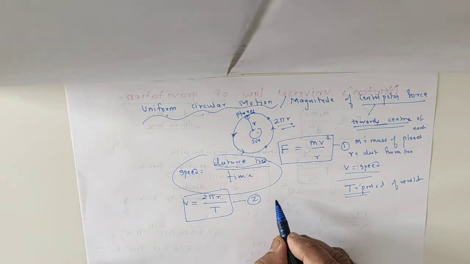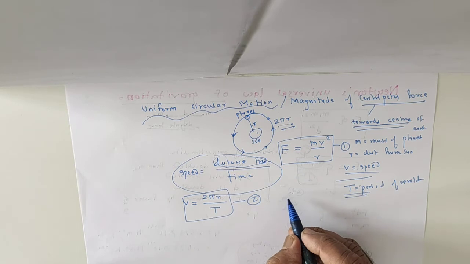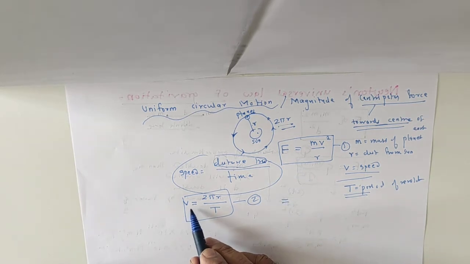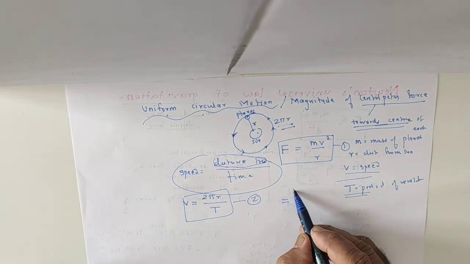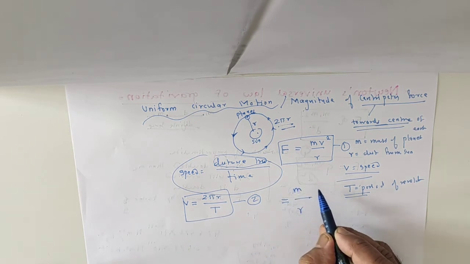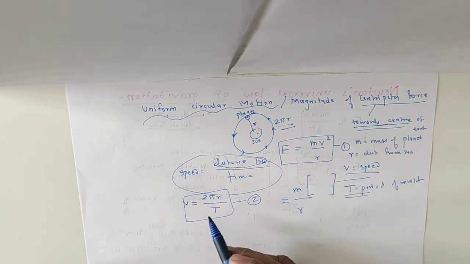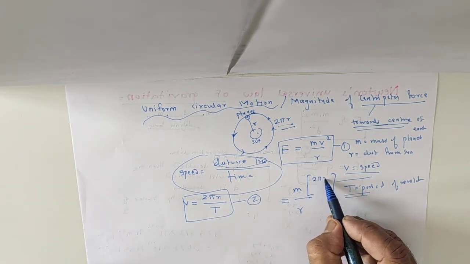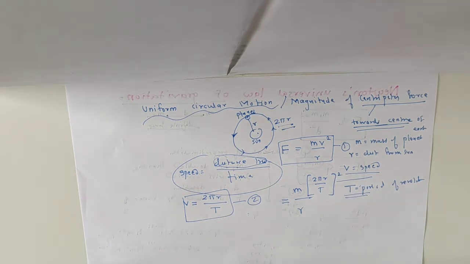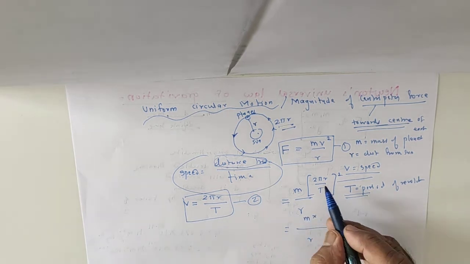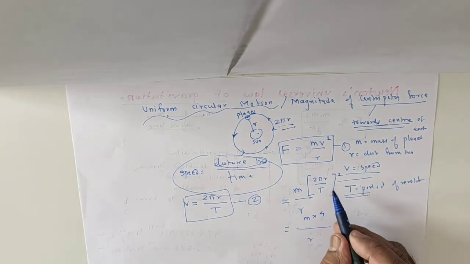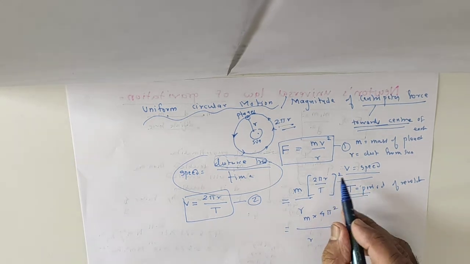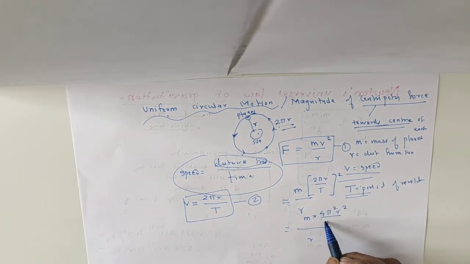What is F? F is equal to mv square upon r. From this equation, we write this expression as m upon r, and here v square means (2 pi r upon T) whole square. That is r as it is, m, and here 2 square is 4, pi square r square upon T square.